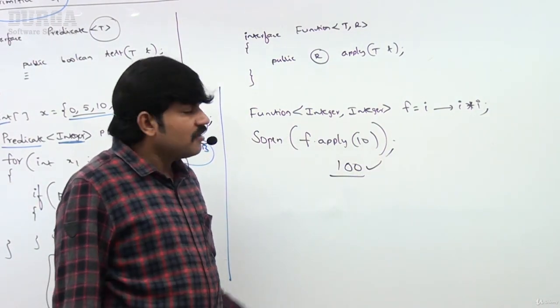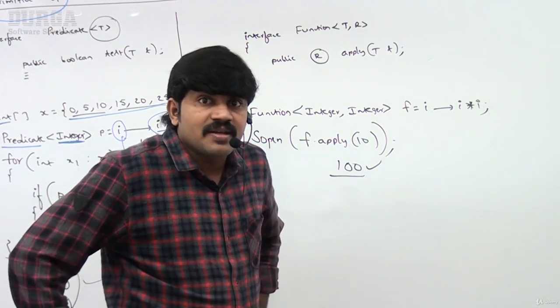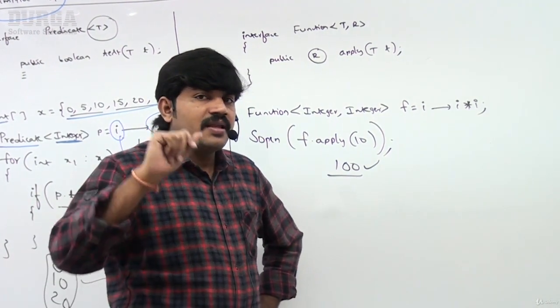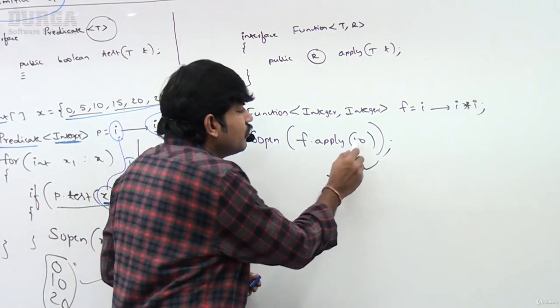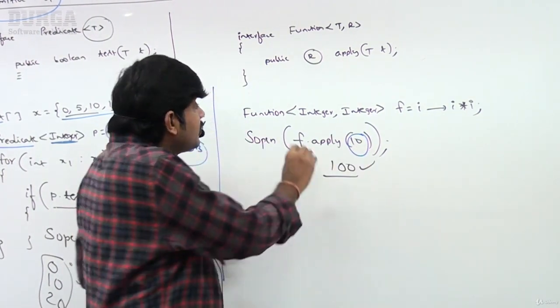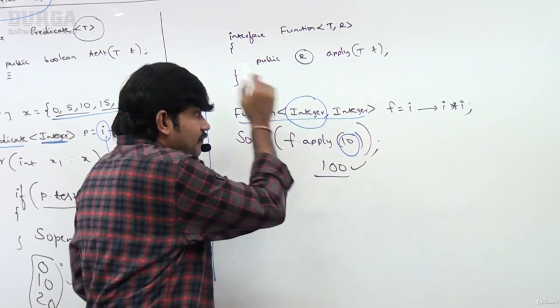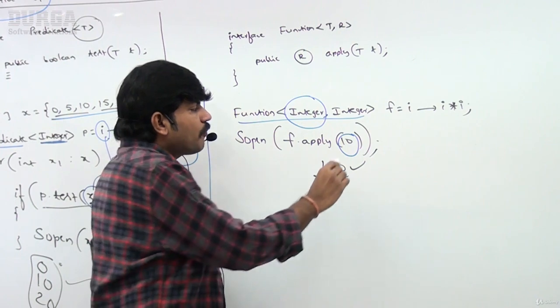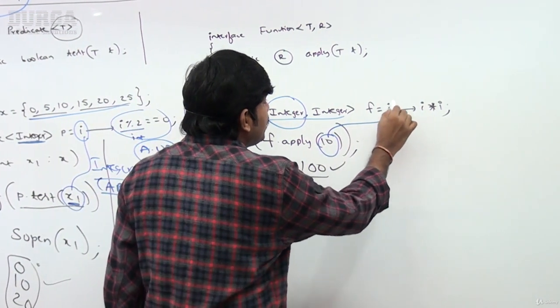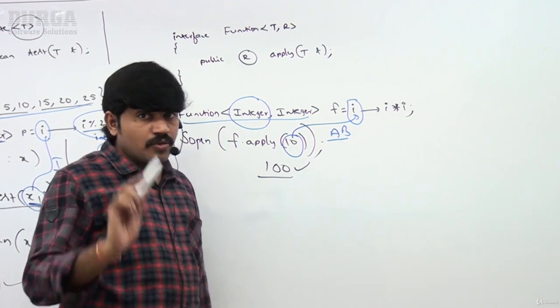But I am sure this approach is the worst kind of programming practice. What is the reason? Here you are providing which value? An int value. But this function is always expecting what type? Integer type. That's why first this int will be converted to Integer, auto boxing.